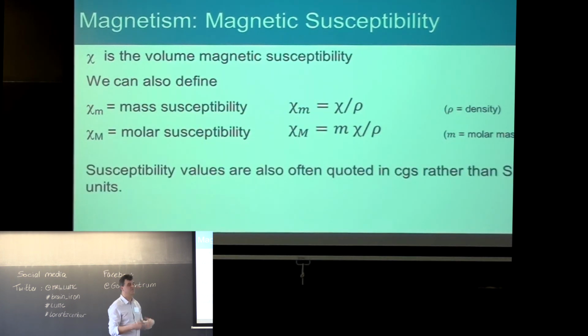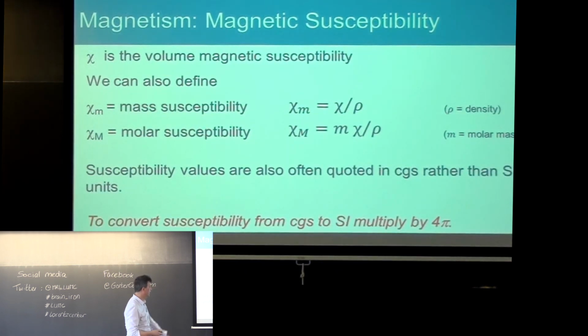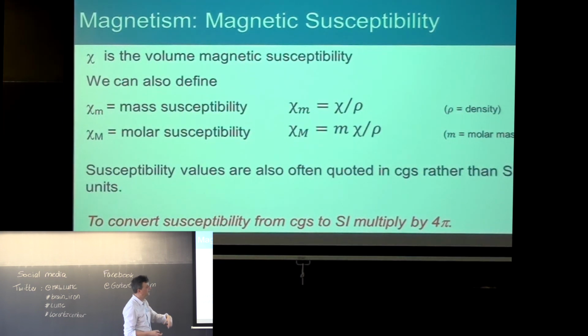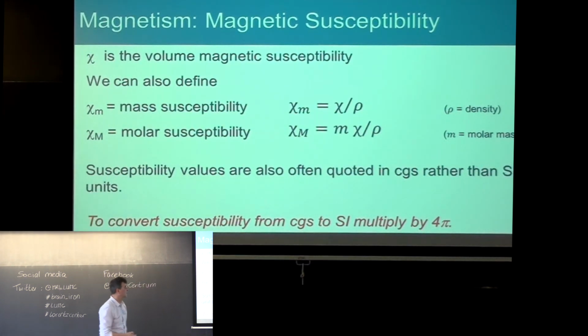And to make things even more complicated, susceptibility values are still often quoted in CGS units rather than SI values. So one useful thing is to convert susceptibility from CGS to SI by multiplying by 4 pi. You can always convert between the two kinds of units relatively easily.